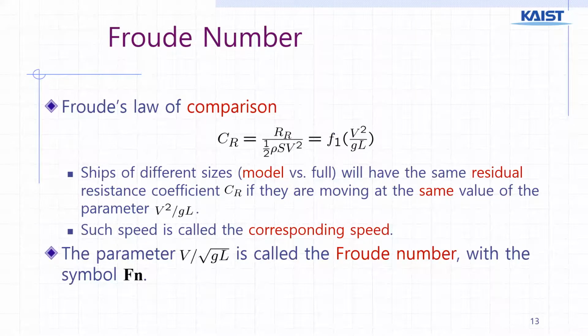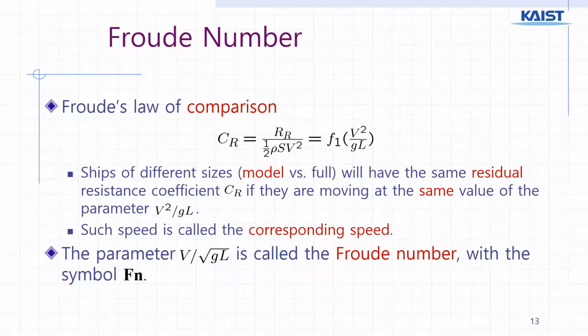So he found this Froude number from this dimensional analysis and dynamic similitude. He found this kind of relationship between resistance and S, the wetted surface area, and speed.